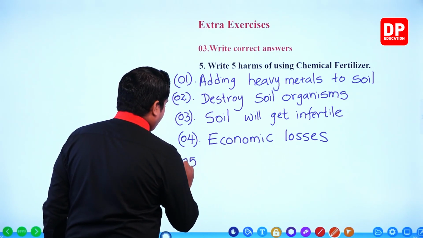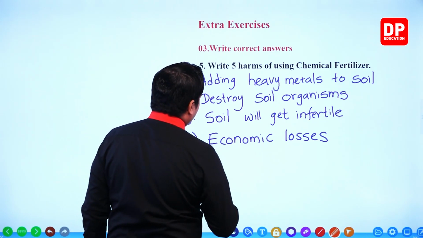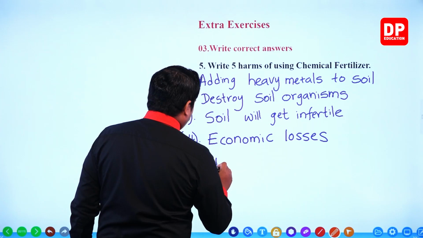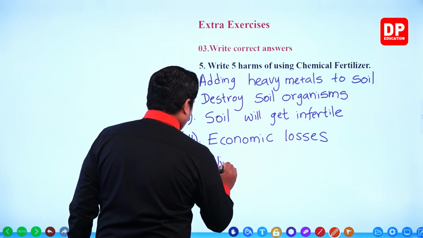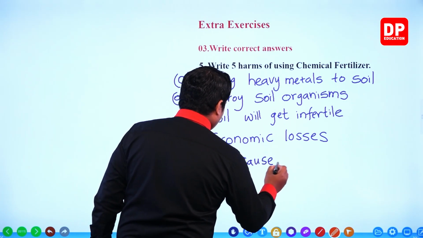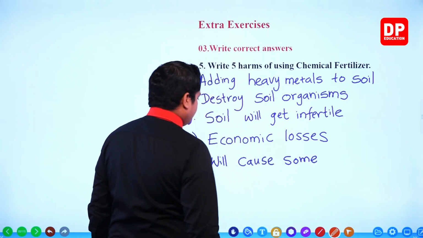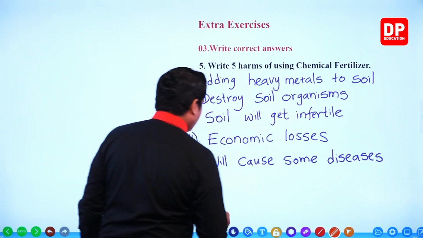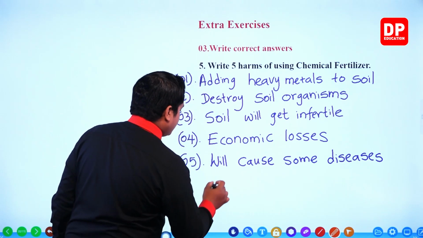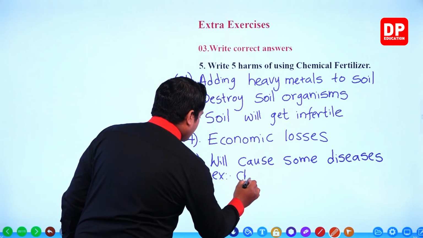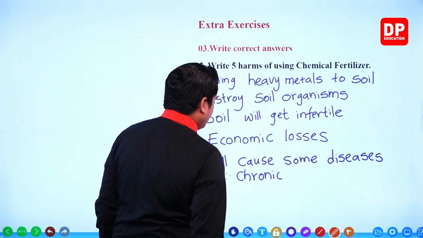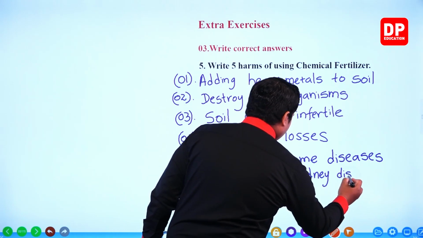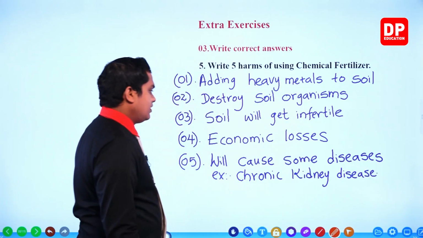Then number 5, my dear children, will cause some diseases. Examples: chronic kidney disease, right?